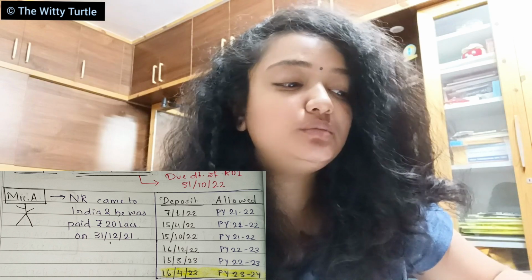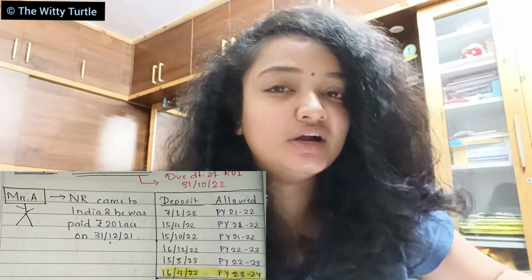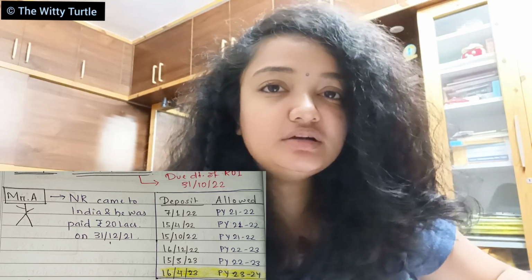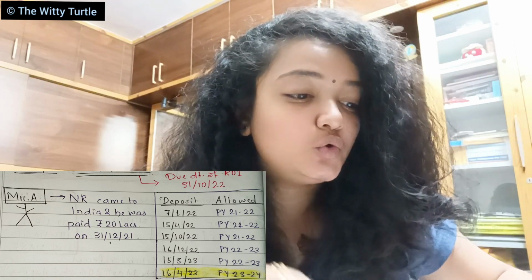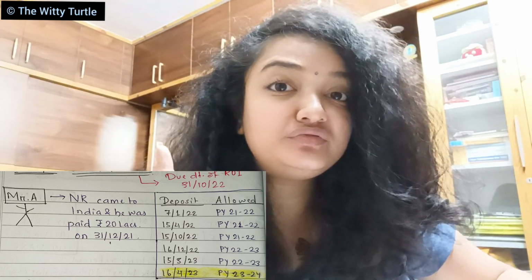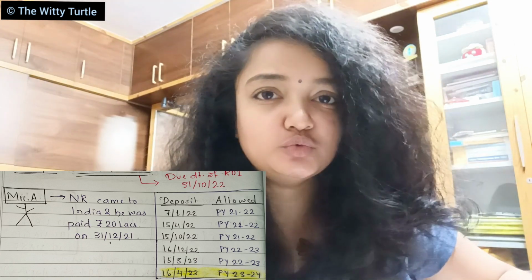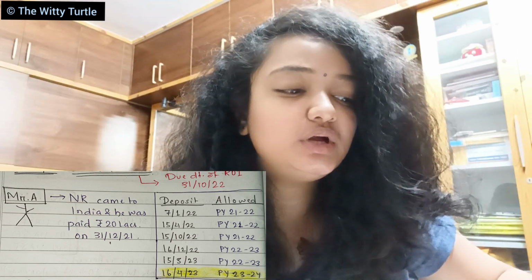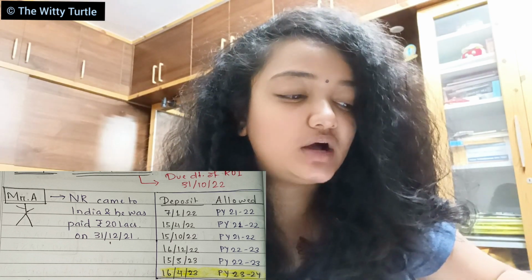So yes, it will be allowed in the previous year 21-22. Now look at the next case where the amount was deposited on 15th October 2022, which is again before the due date of return filing. So here it comes.